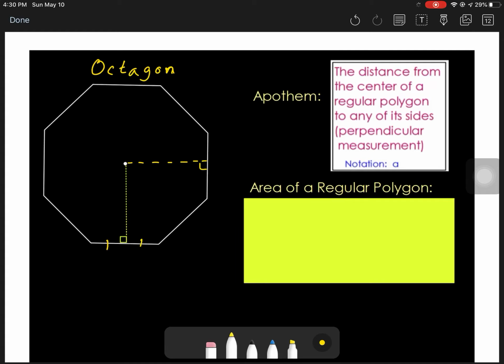Now the area of a regular polygon. So if we're using the apothem, here's what our formula is going to look like. Area equals 1/2, because remember we were talking about the triangles earlier, A, which stands for the apothem, times the perimeter. Okay, and I'll write this down here. A equals apothem, and P equals perimeter.